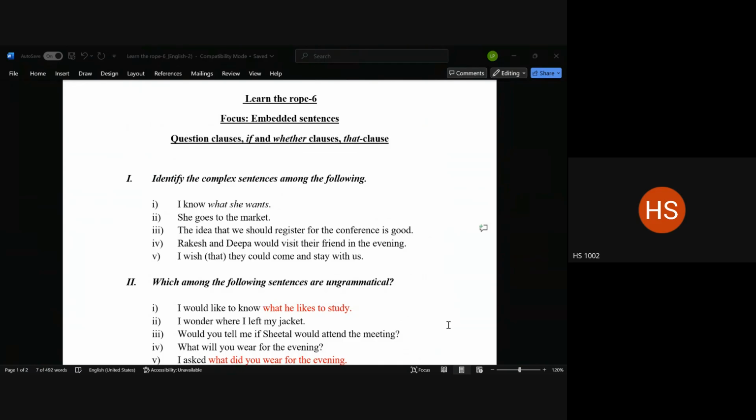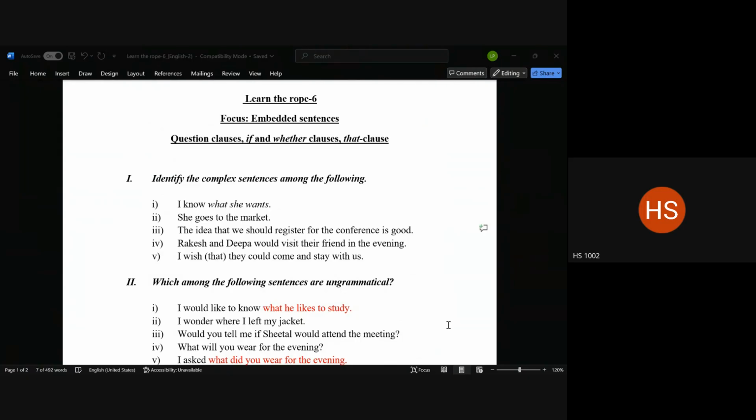I'll put both of them alongside so that you can compare and understand them. The conference is good. This is the first one. And then you have the second one.